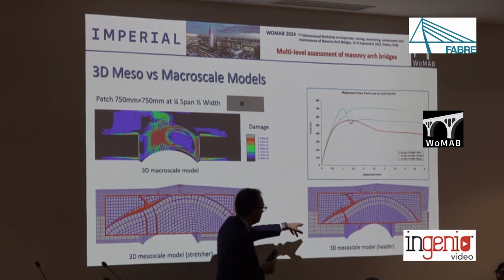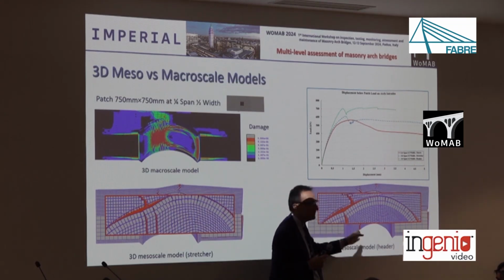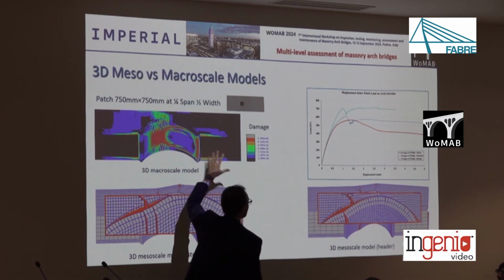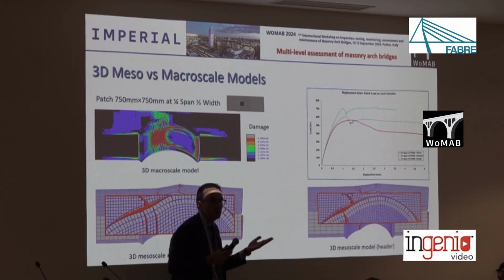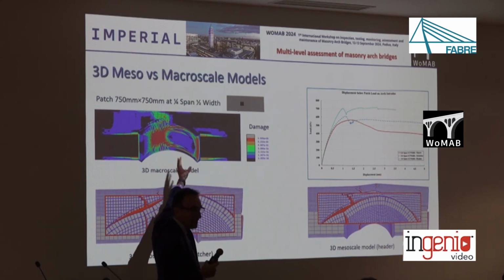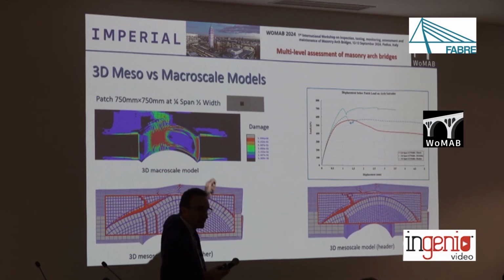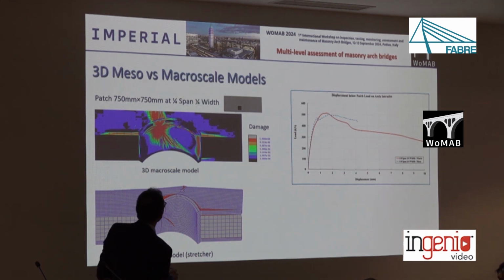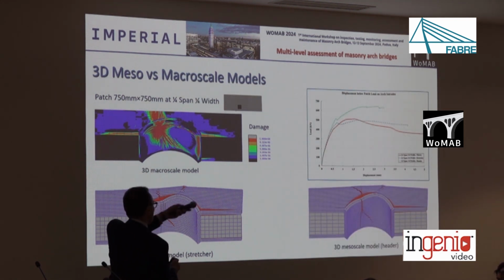Header bond, no sliding, just radial cracking, and of course higher performance, higher prediction. With the macroscale model, we don't allow for bond. We make an assumption about strength and we trust the model. And you see in this case, the results are quite conservative and they don't reflect the actual bond characteristic of the structure.